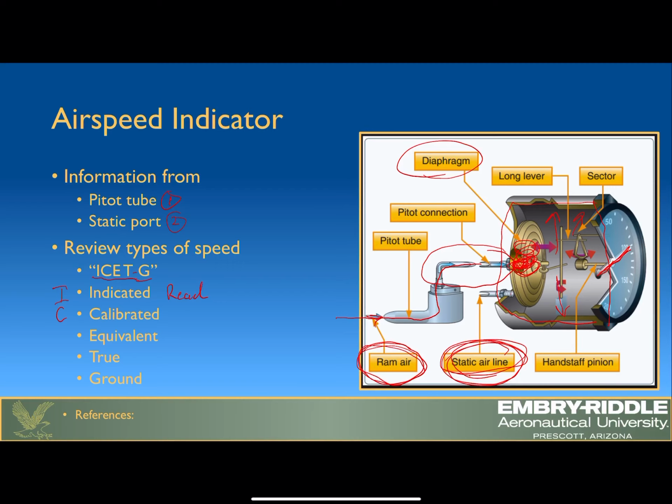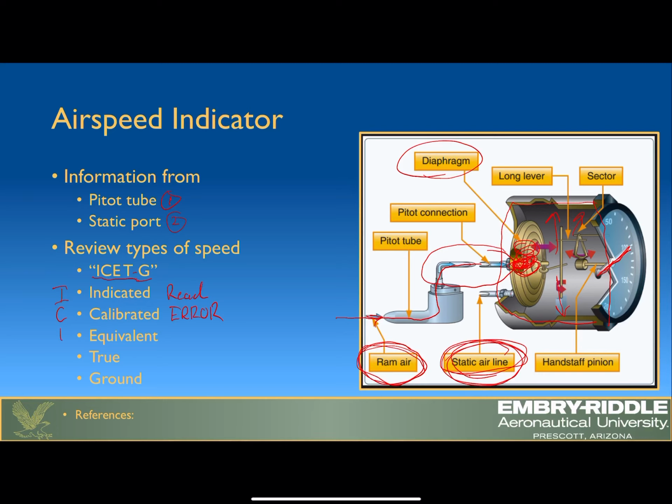Now there's going to be error in the way the aircraft was built. So we call that calibrated airspeed. So calibrated is indicated, adjusted for error. Think of error when you think of calibrated. It is your indicated airspeed calibrated for any errors in the instrument.